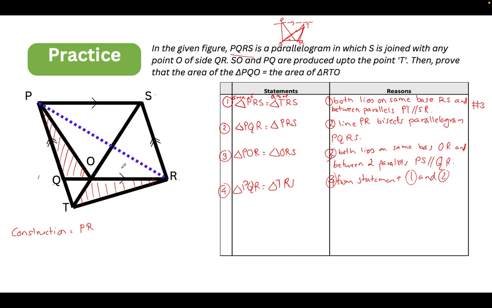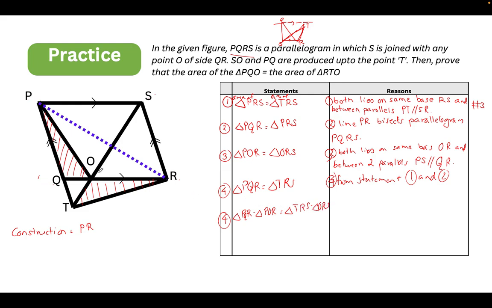Now we will subtract equation 3 from equation 4. Subtracting: area of triangle PQR minus area of triangle POR is equal to area of triangle TRS minus area of triangle ORS.